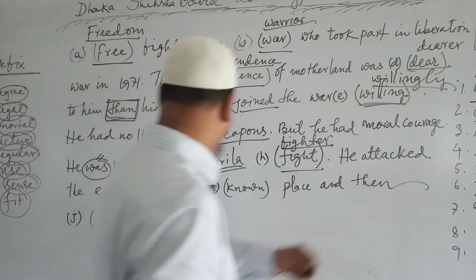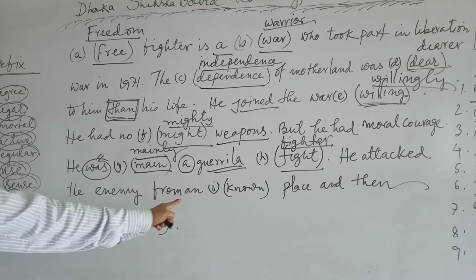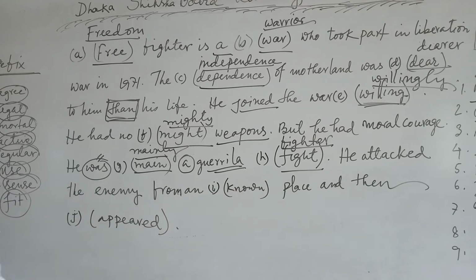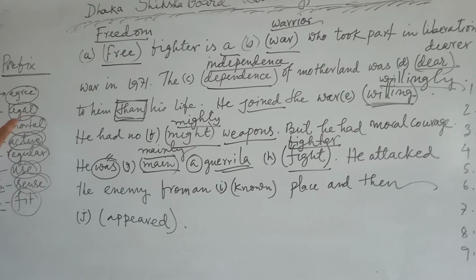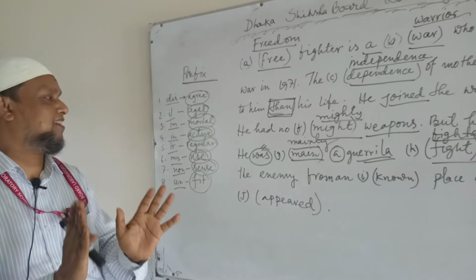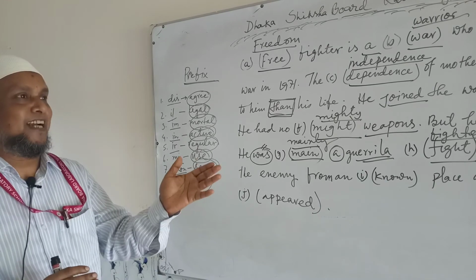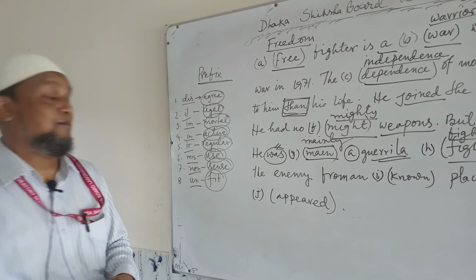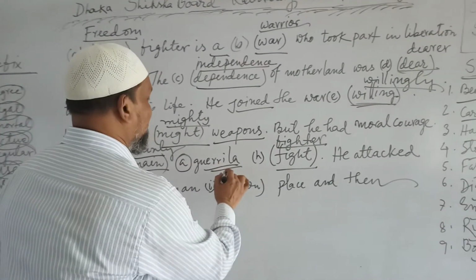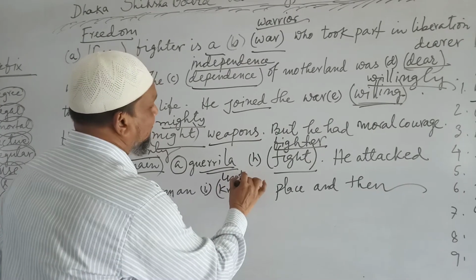Then he attacked the enemy from an known place. It is not clear. If anyone wants to defend the enemy, he must attack, not from a known place, but from an unknown place. So unknown.